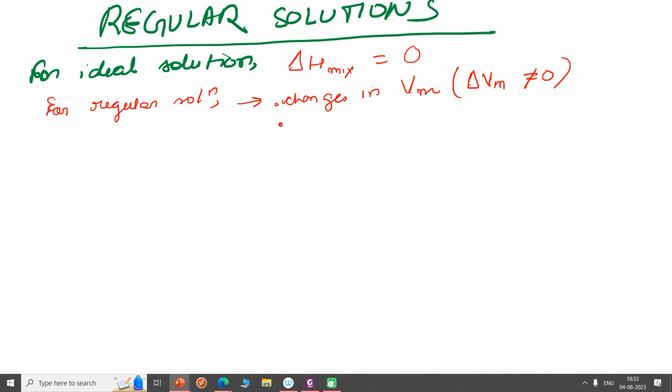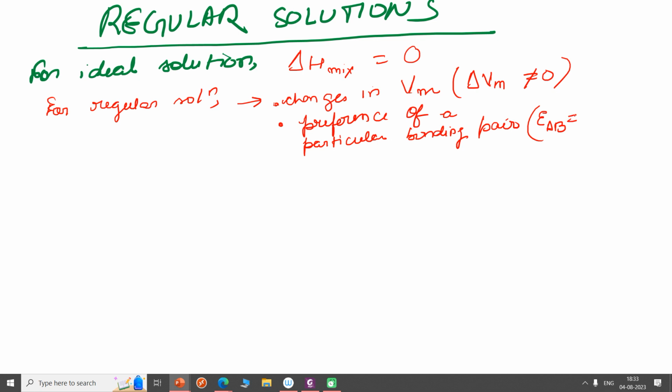We also have a difference in the bonding for a particular bonding pair. So that tells us that the bond energy AB might not be equal to AA or BB.